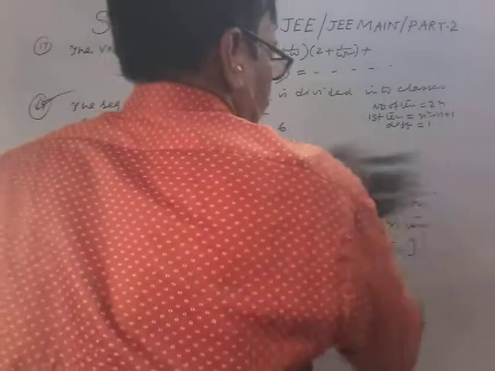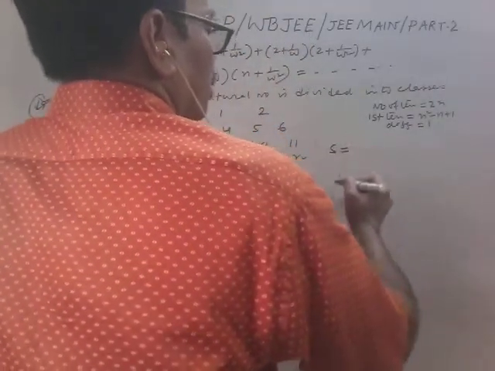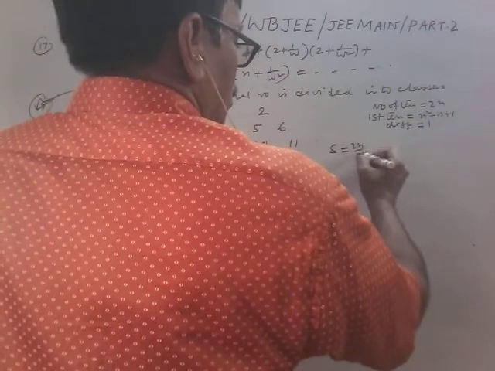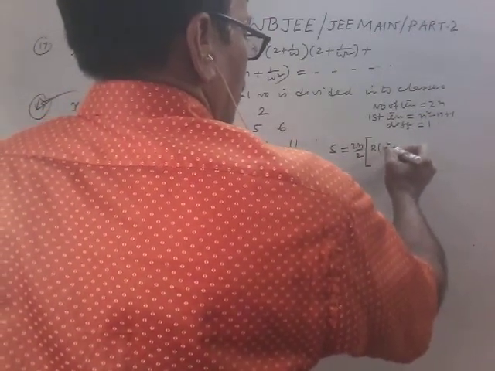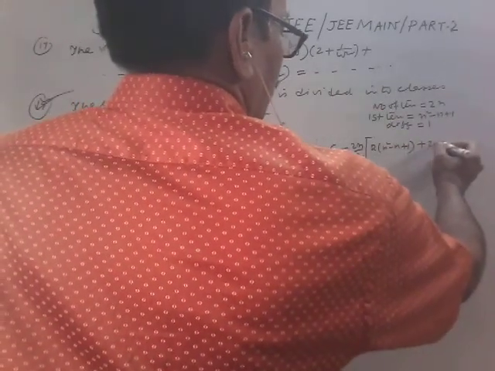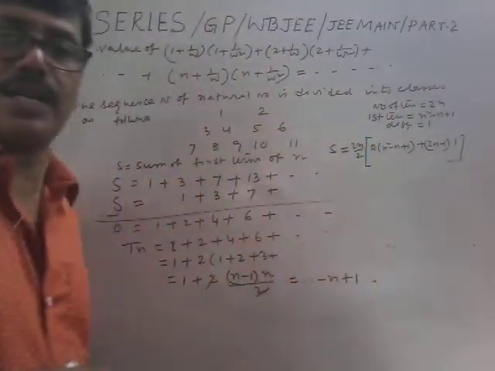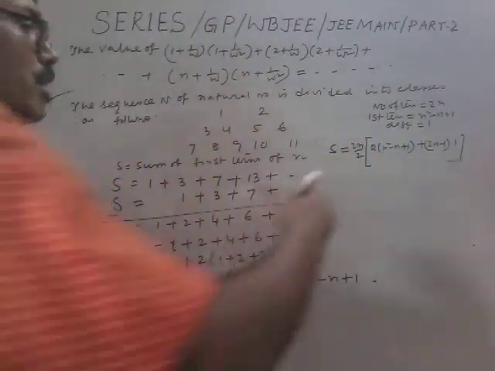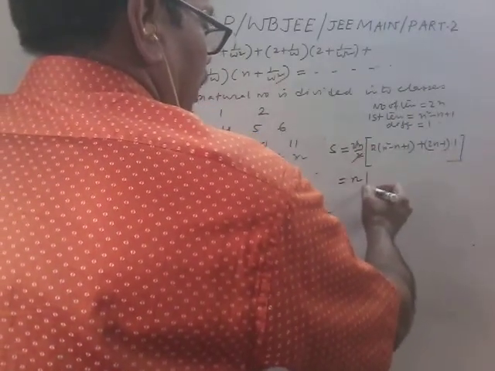So what is the sum? Therefore sum equals 2n by 2, 2a, 2 into n square minus n plus 1, plus 2n minus 1 into d. d is 1. So 2n cancel. So this is 2 cancel n.